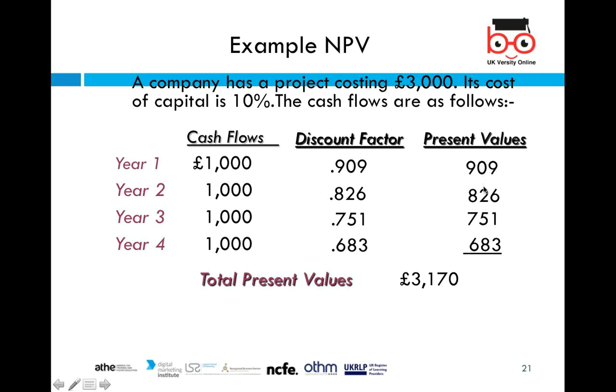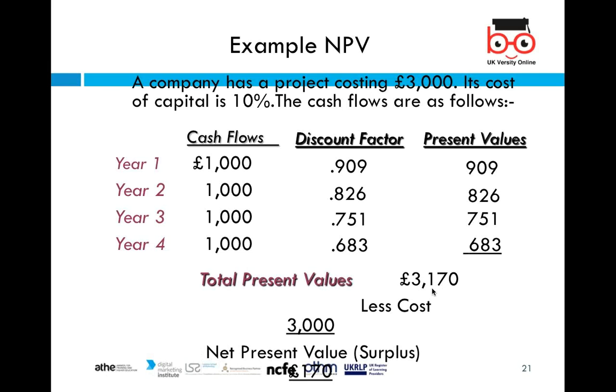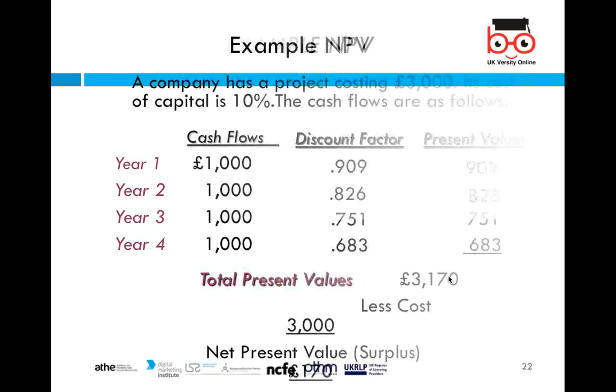Each year, at the end of the year, we are getting this amount of money for every 1,000 pounds. Now, the net present value is actually a surplus of 170 pounds, because our project costs 3,000 pounds and 170 pounds is our surplus.